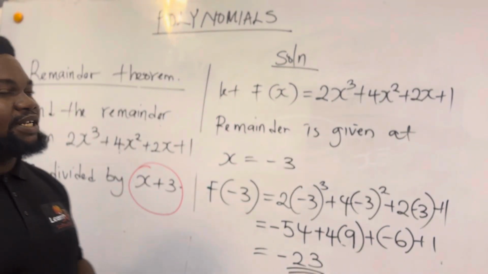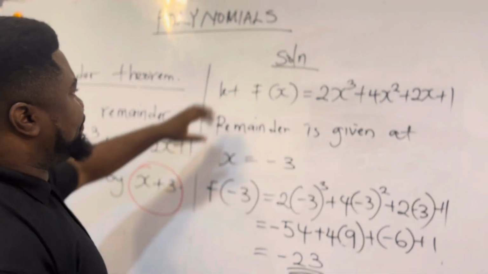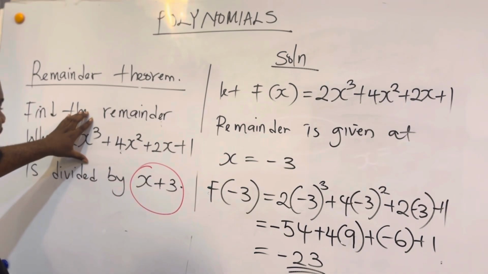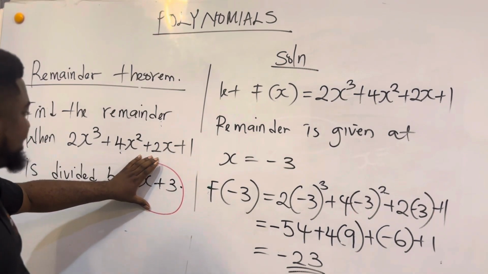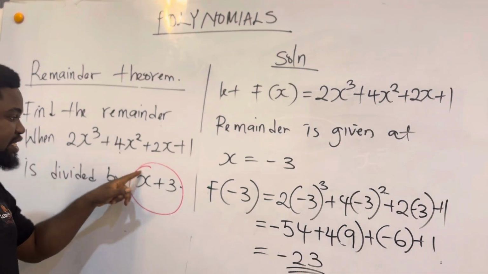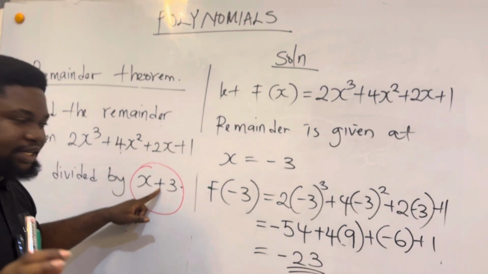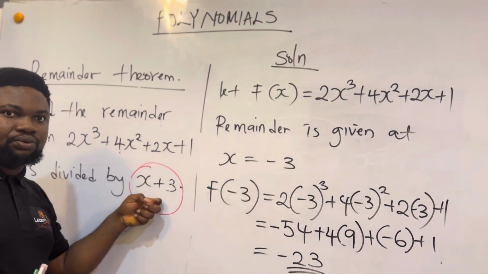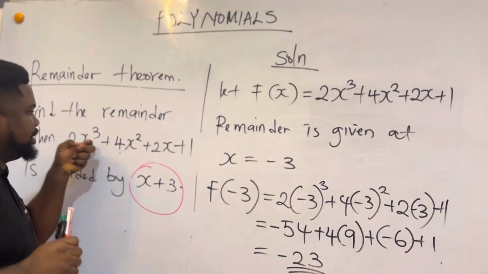So what am I saying? I am saying that when you have a function and are asked to divide it by something, provided that your divisor is a linear divisor, all you do is find what makes your linear divisor 0. Plug that value in.